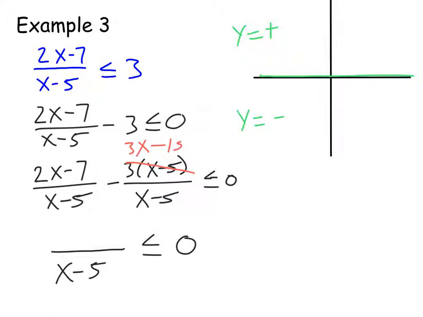And now we just have some like terms on the top to combine. 2x minus 3x is negative x. Now you got to be careful with the negative signs here. Negative 7 minus negative 15. That's like negative 7 plus positive 15. And we get 8. Okay, this down here, that's what we're going to try to graph.